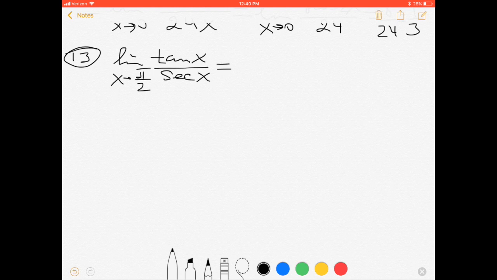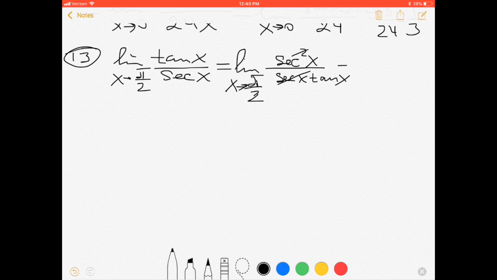Okay, use L'Hopital's rule. We take the derivative of tangent, which is secant squared x. The derivative of secant is secant x tangent x.